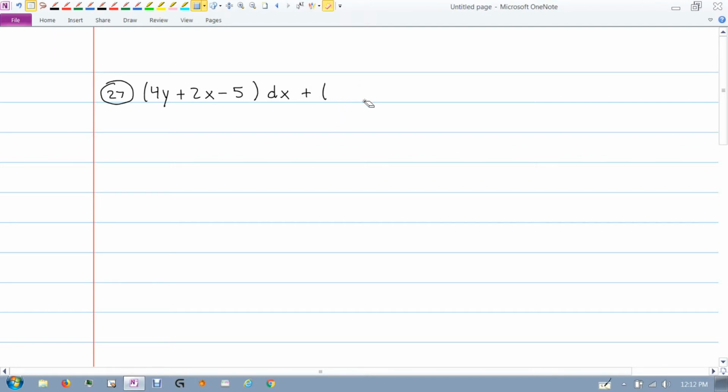I started writing down the wrong problem. 6y plus 4x minus 1 dy equals 0. And we have y of 0, no, y of negative 1 equals 2.